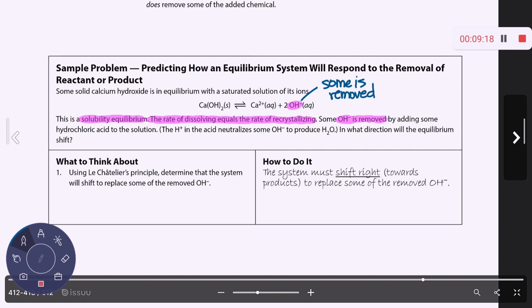Okay, they removed it by adding an acid, because acids consume bases, and hydroxide is a base. So when I remove some of it, in which direction would I shift? Yeah, because anytime you remove something, you want to go in its direction, so we have to shift to the right. So we're moving towards the products, okay? Now, when you shift to the right, what happens to the amount of Ca plus 2 here?